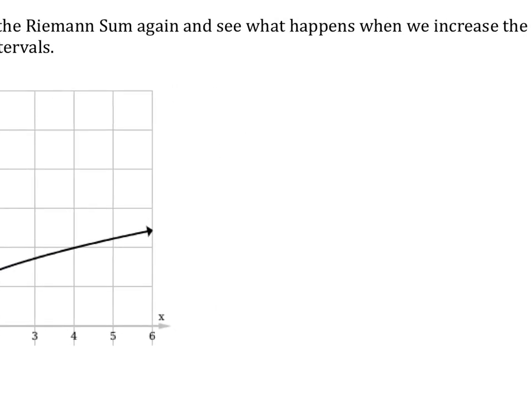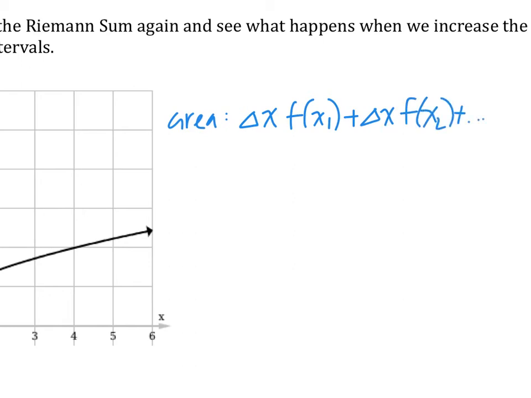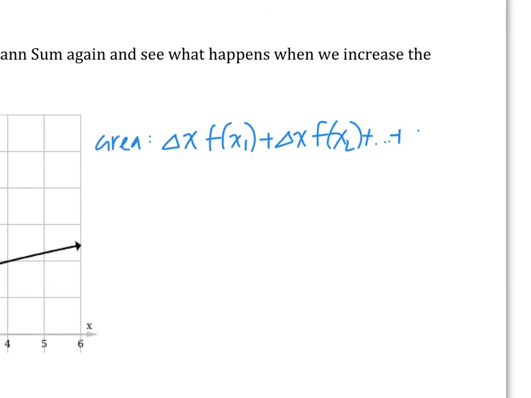Okay, so let's look at this theoretically. Area is width times height, right? Width times height, and we do that forever. We have tons of rectangles, so I don't know how many, so we're going to say n.